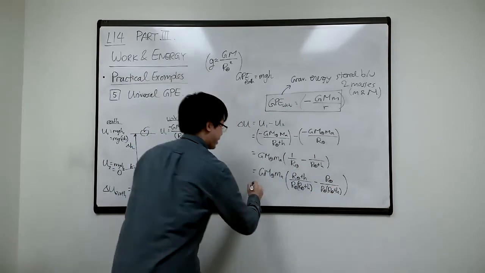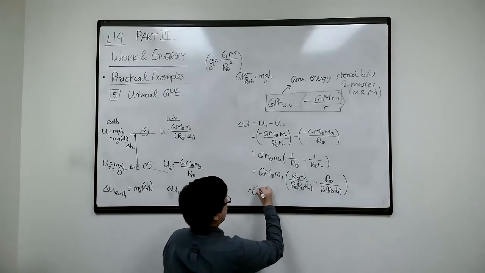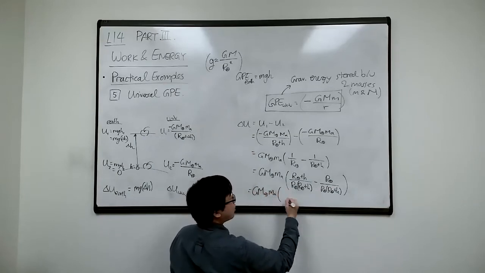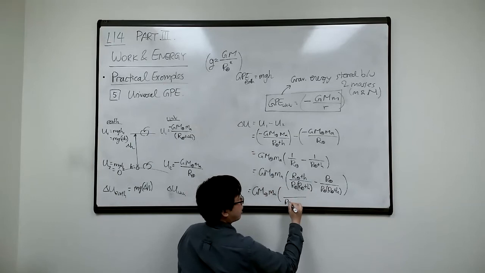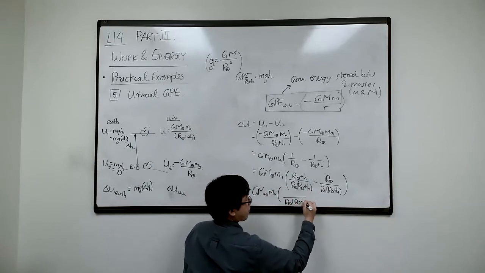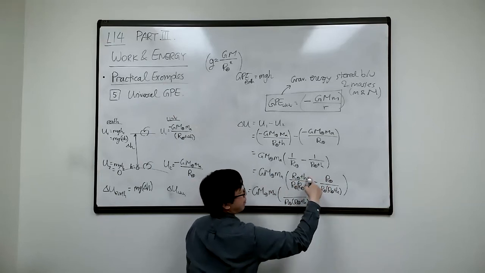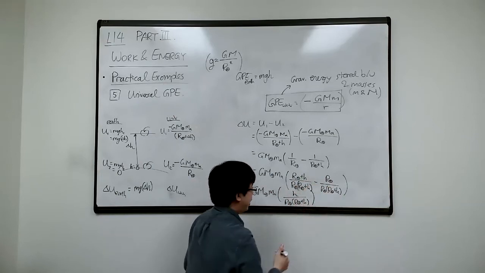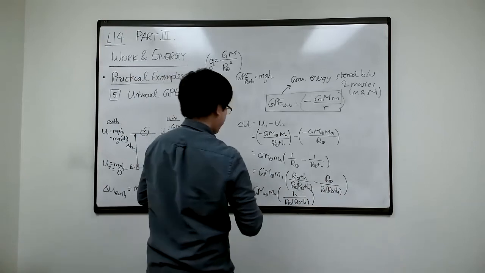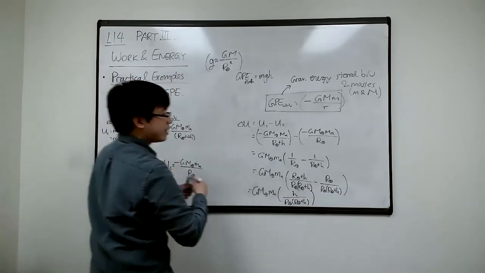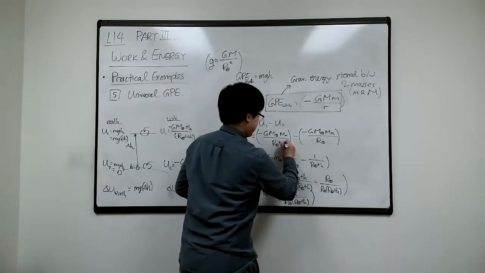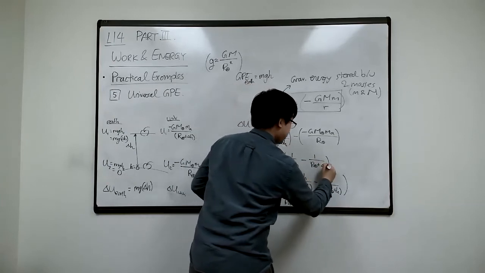So I can subtract. That will give me G M Earth m apple, and on the bottom R Earth plus H. On the top, you'll see it's R plus H minus R, so it's just H. I call it delta H somewhere, so sorry, delta H, just to be consistent.